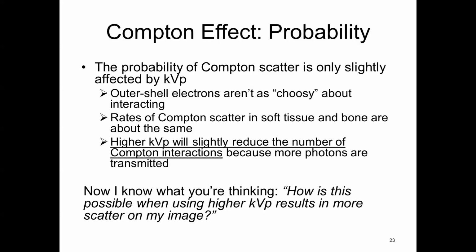And I'm telling you that when you have more kVp, you're actually reducing the number of Compton scatter interactions. How does that square? How is it possible to have fewer Compton interactions and yet I get more scatter on my image when I'm using high kVp? We will make sense of that.